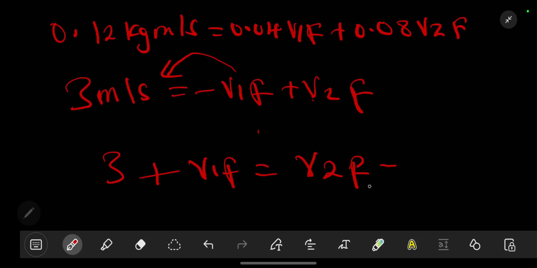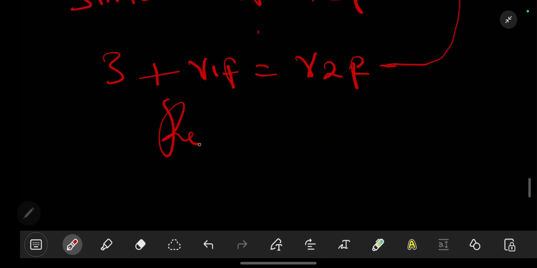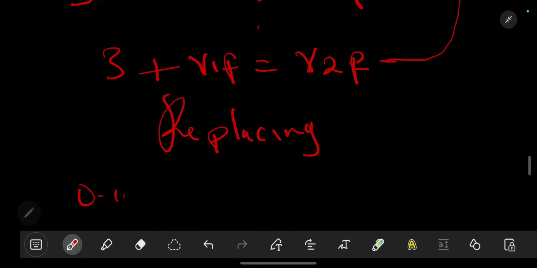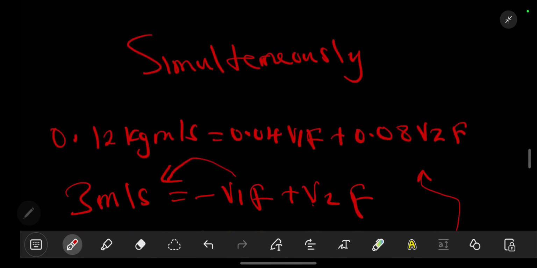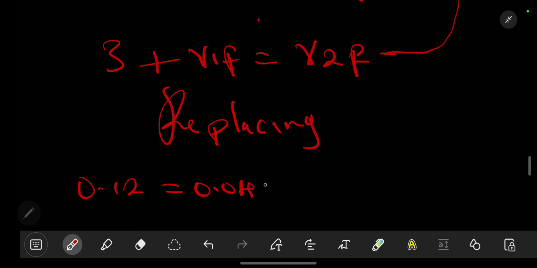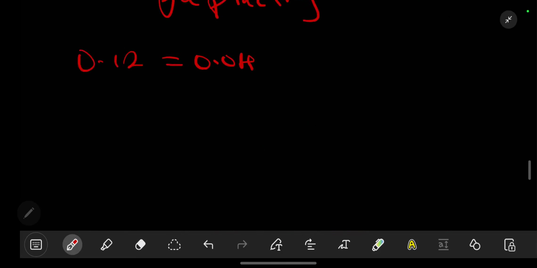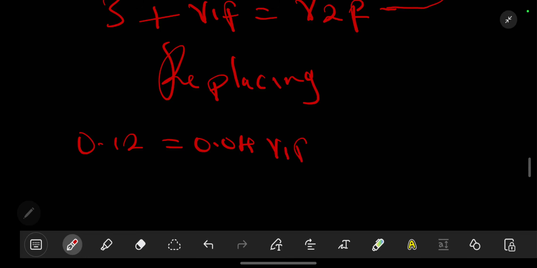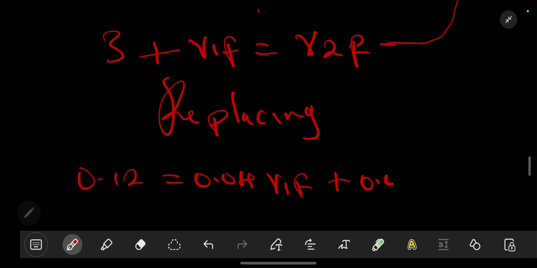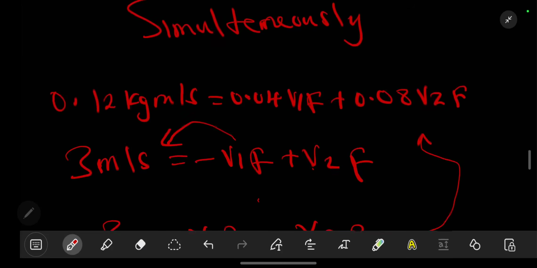So now we can replace. When we replace where V2 is, we have 0.12, without the units, should be equal to 0.04 V1 final plus 0.08 times V2.